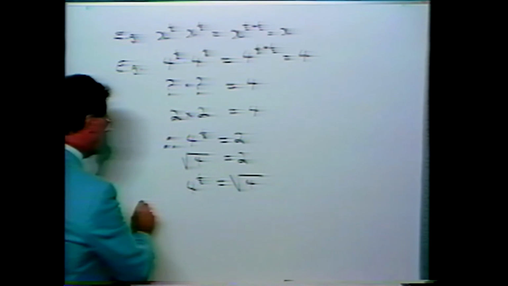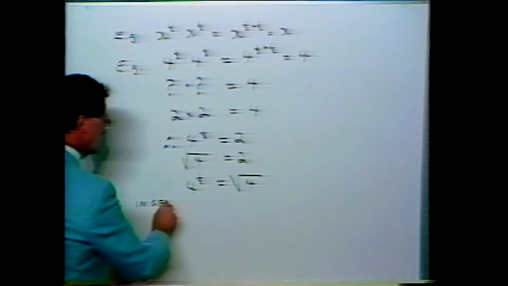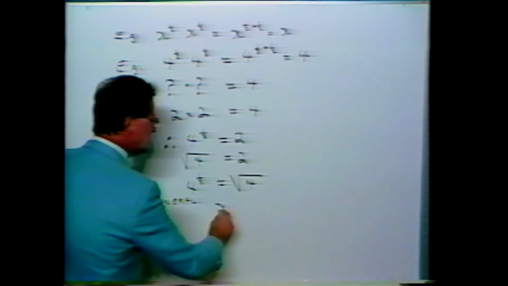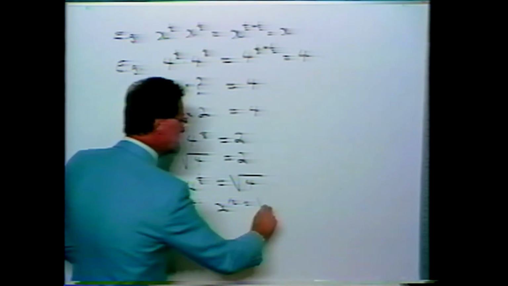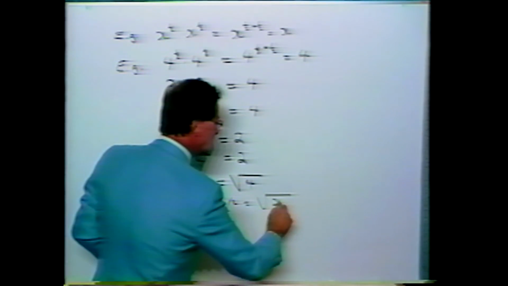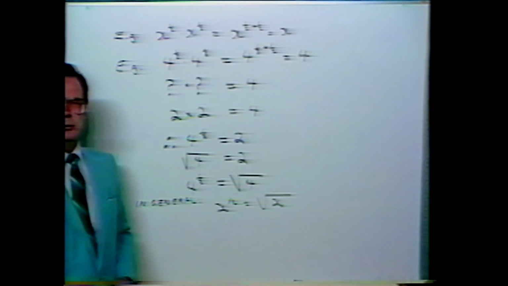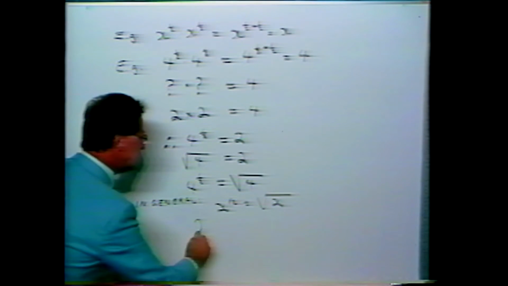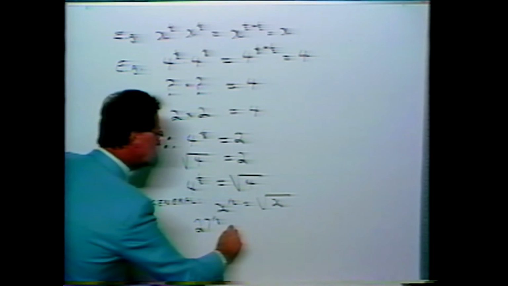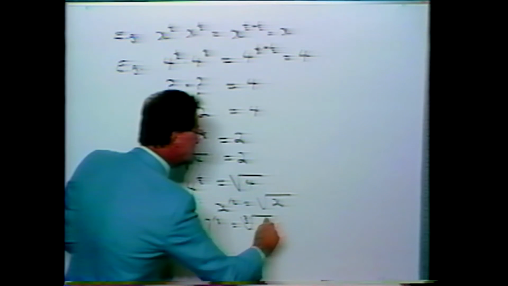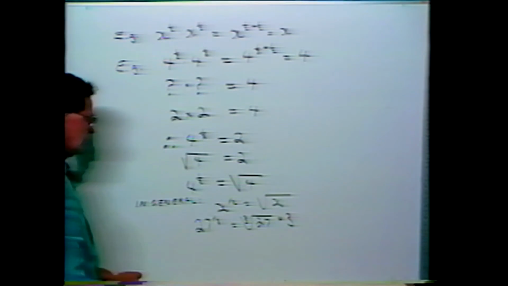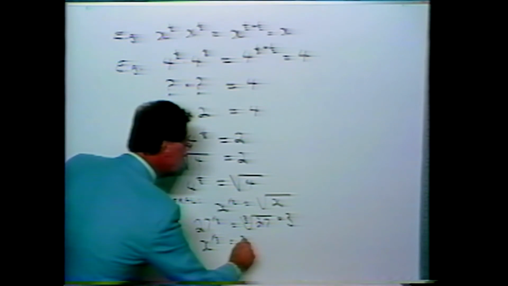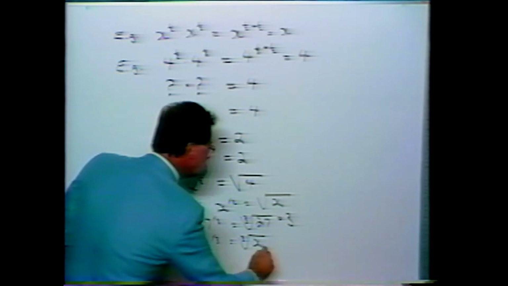In general, therefore, x to the 1/2 can be interpreted as a radical expression, that is the square root of x. Similarly, we can show by going through the same kind of argument that if we take 27 to the 1/3, that is the same as the cube root of 27, which equals 3. Consequently, x to the 1/3 in general terms is equal to the cube root of x.